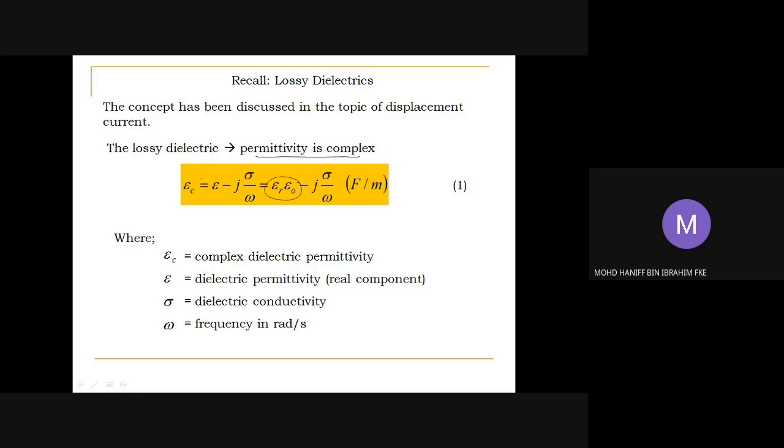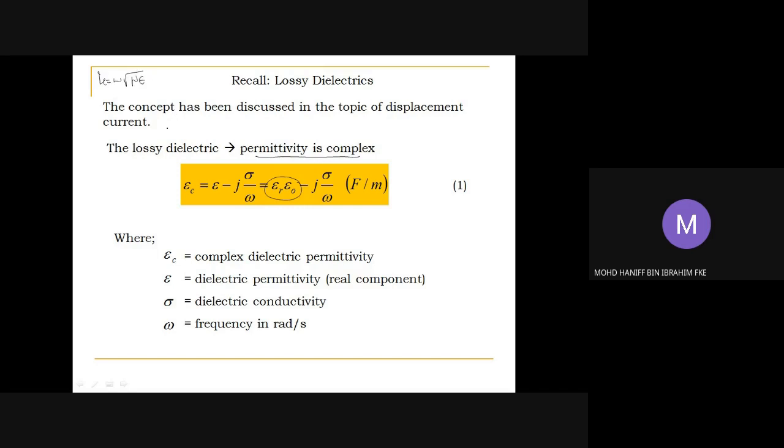Based on this, we can see that there should be some difference between the wave equations that have been applied for the case of lossless dielectric and for the case of lossy dielectrics. For instance, if we base on K, the propagation constant, for the lossless medium we have it as omega root of mu epsilon.